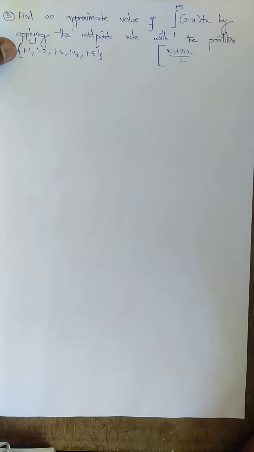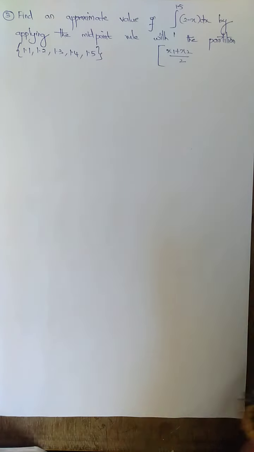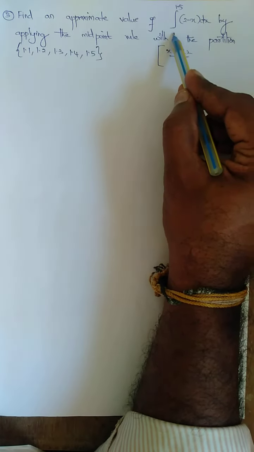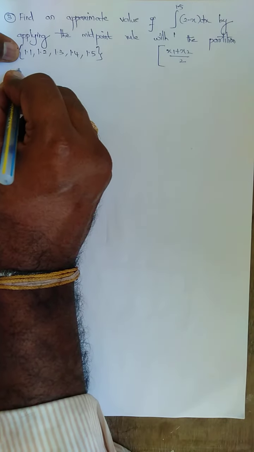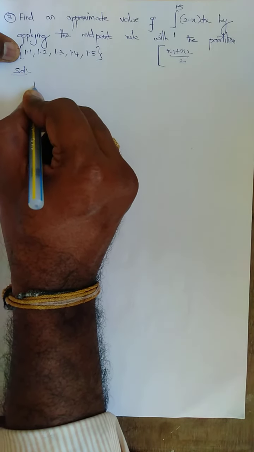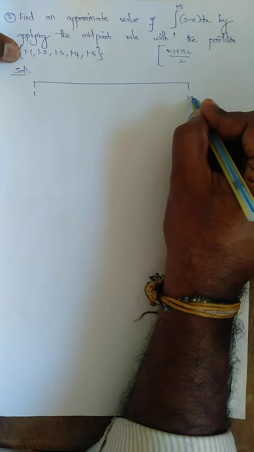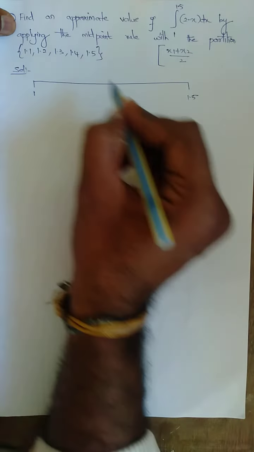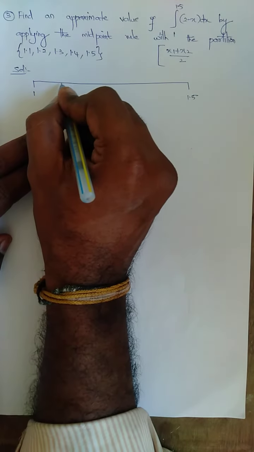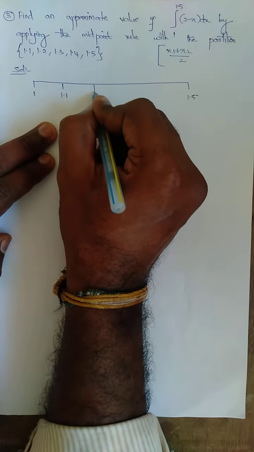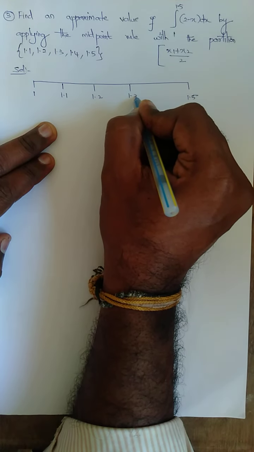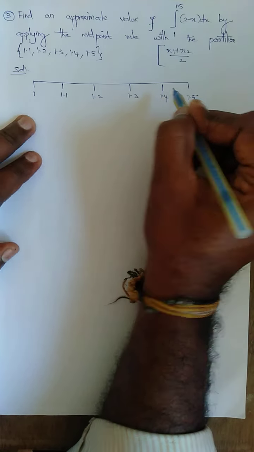Using this we are going to find the value of the integral of 2 minus x dx, with limits 1 to 1.5. The same procedure, we are going to divide the intervals. This is the lower limit 1, upper limit 1.5. Next, they have given the partition: 1.1, 1.2, 1.3 and 1.4.